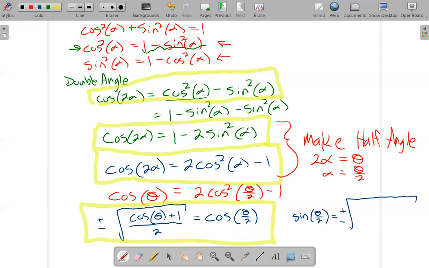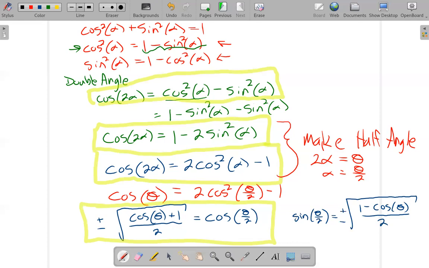I'm going to have to subtract my 1, divide by -2. That's going to switch the signs to 1 minus cosine of theta inside the square root.